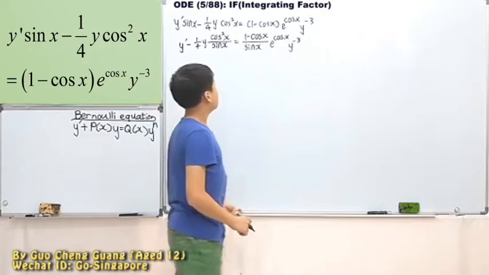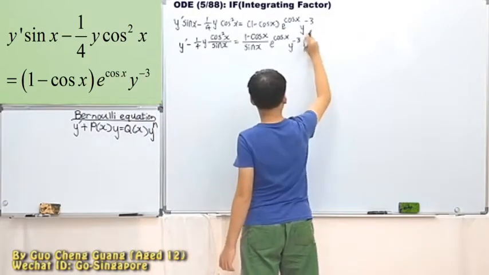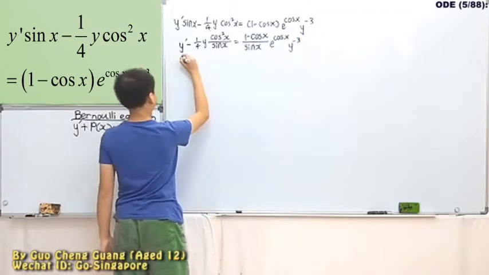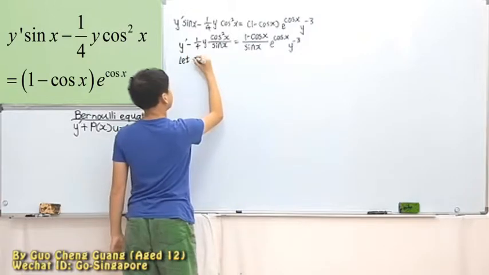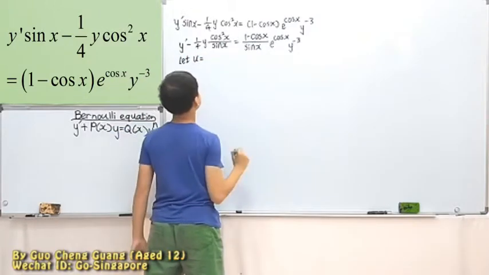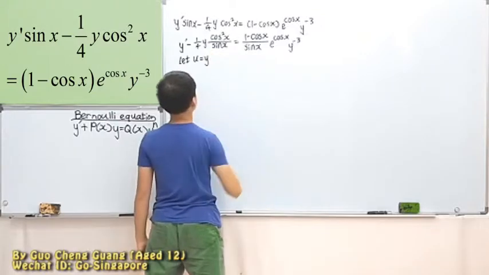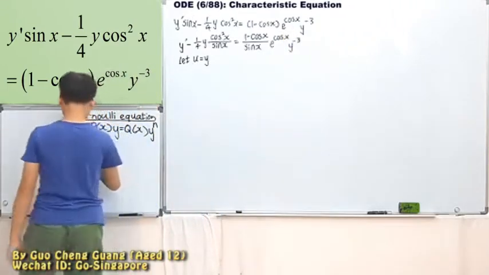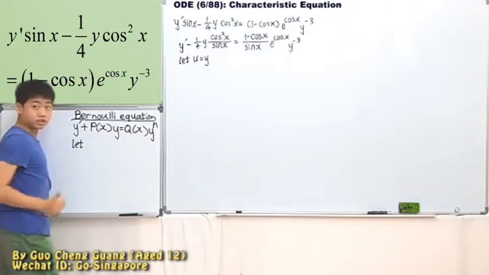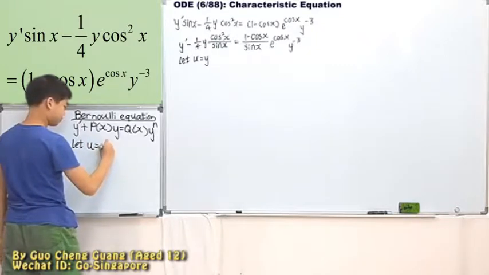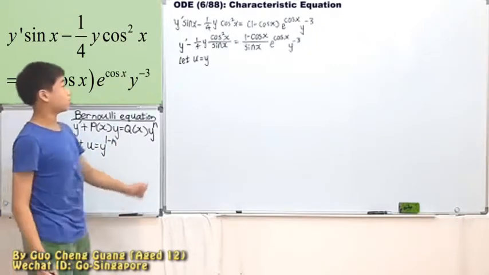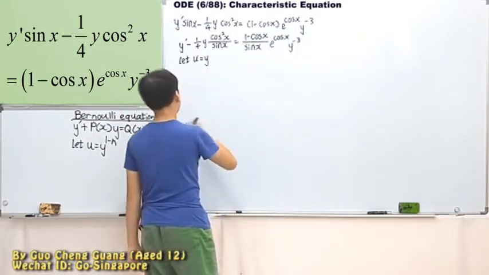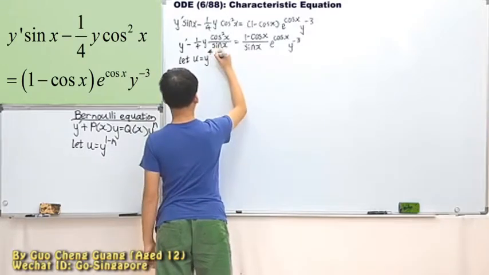Then after that, did you realize for these two parts at the back, they're all the same? That means actually from this first part, we could already straight away let, now we can choose to use u. We let u be y to the power of 1 minus n. In this case, this is n. And here they already give us negative 3. So that means 1 plus 3, so it's 4.